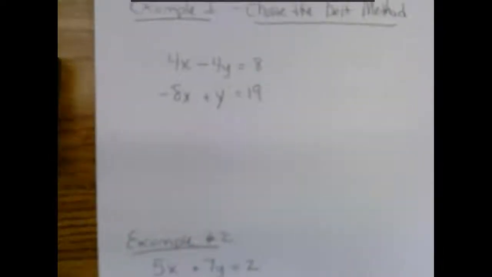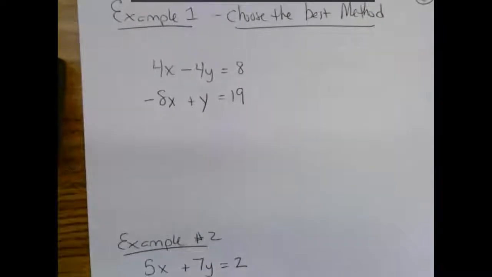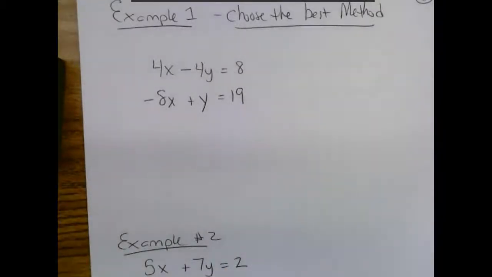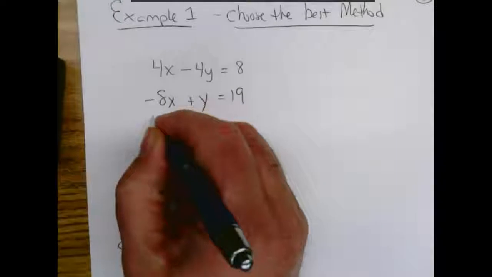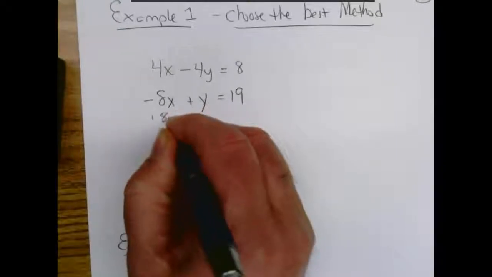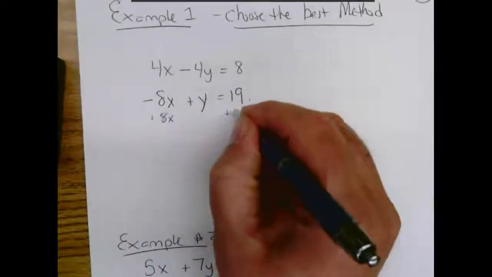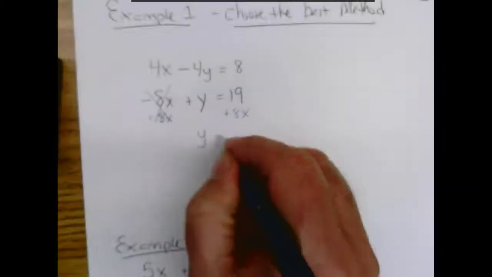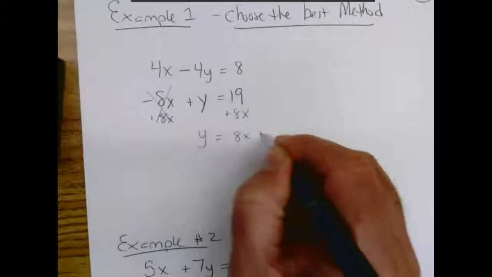So here's example number 1. Okay, so here we have 4x minus 4y equals 8, and 8x plus y equals 19. So this one, you might see this y by itself. So we could just subtract 8x from both sides, and then this will eliminate, and we'll have y equals negative 8x plus 19.